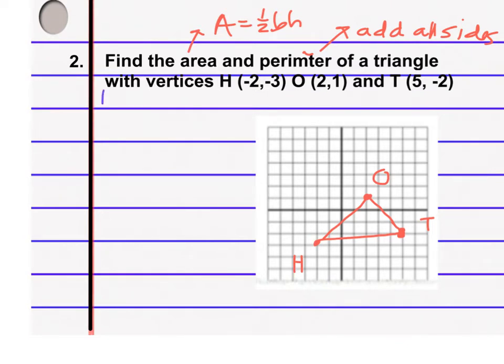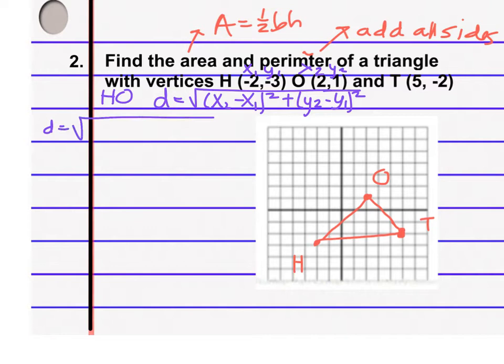I'm going to start with HO, and I'm going to find my distance. Here's my distance formula from section 1.3, so you get a little more practice. So if I'm doing H and O, this is x1, y1, x2, y2. I'm just going to plug in my numbers. So for x2, that's a 2.